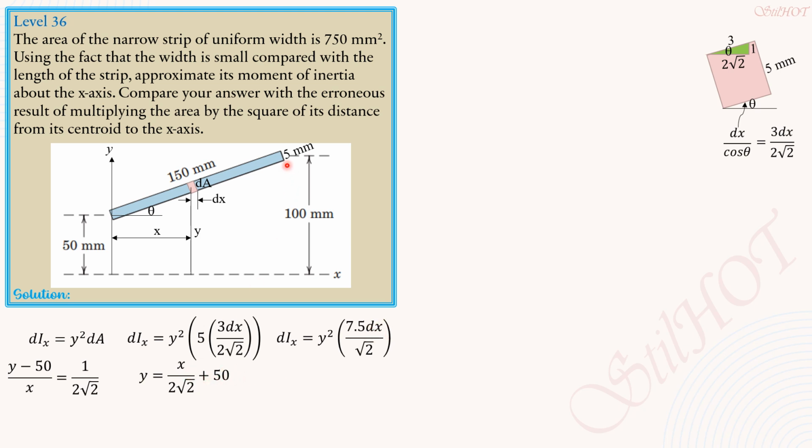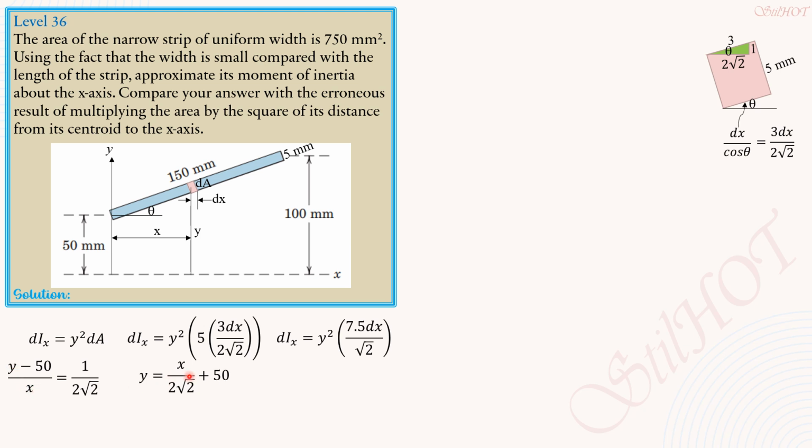By the way, when y is 100, x is to be solved, the horizontal projection of this, which is the square root of 150² minus 50². But since we established this equation, all you have to do is replace y by 100 and solve for x.